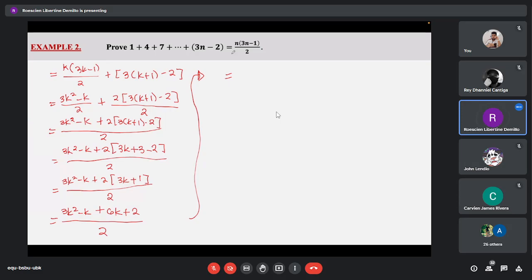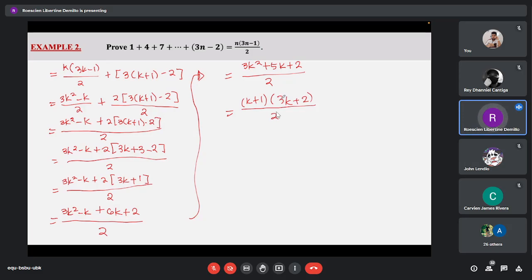So, we get 3k squared plus 5k plus 2 over 2. Now, if we factor this out, we can get k plus 1 times 3k plus 2 over 2.